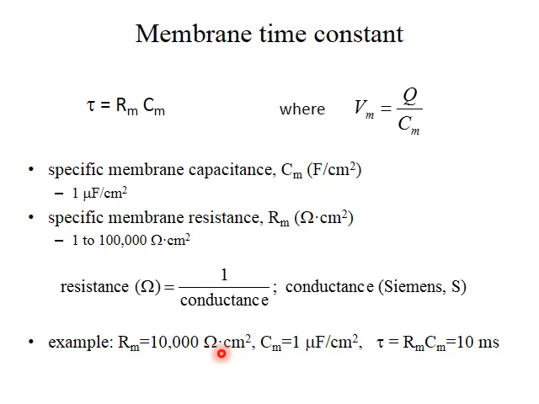If we look at the units of ohms centimeter squared times farads per centimeter squared, the units turn into milliseconds, and we have a value of tau of approximately 10 milliseconds, which is a good representation of the time constant of a neuron, the soma or dendrite of a neuron.